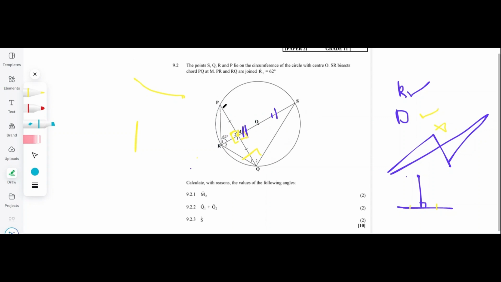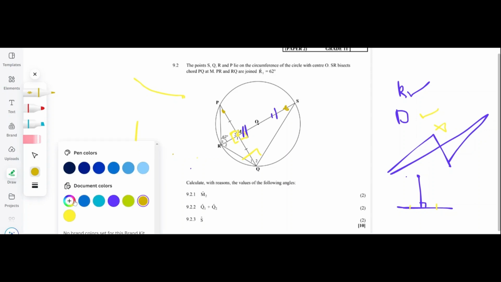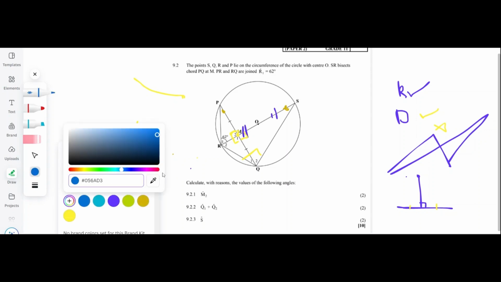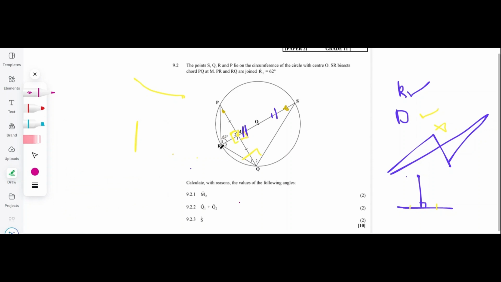So P and S are in the same segment, meaning that P and S are equal to each other because of angles in the same segment. Please ensure that you use corresponding colors. SR1 equals Q2 because of angles in the same segment.